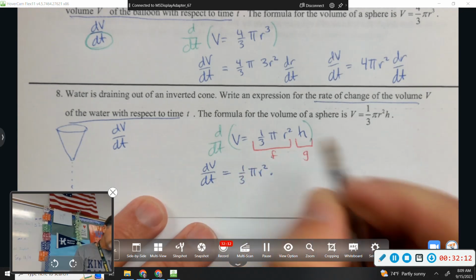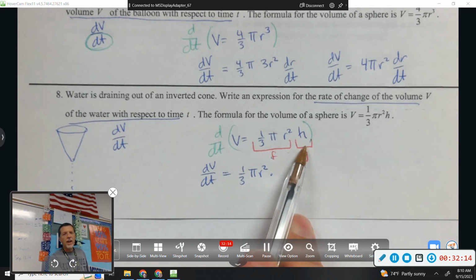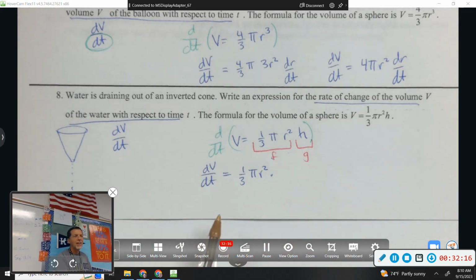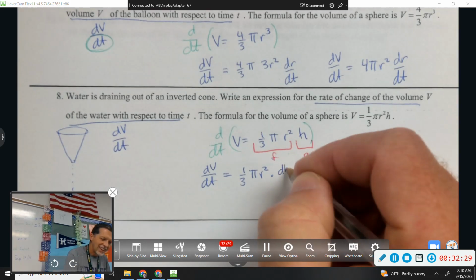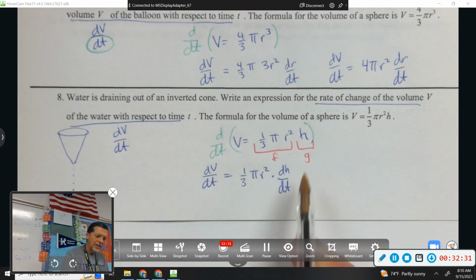Times, what's the derivative of h with respect to t? I sort of just gave the answer. What's the derivative of h with respect to t? Right, so what do I write that as? dh/dt. Because that's the derivative of h with respect to t.